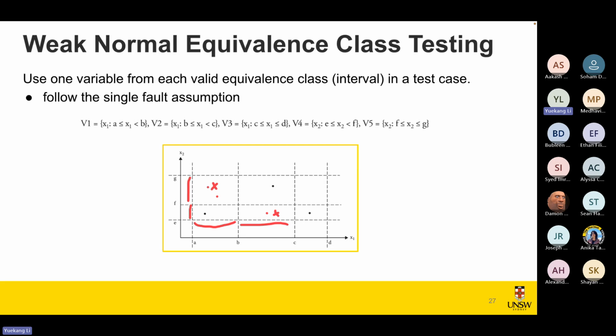Here you can see the input space is partitioned into many subspaces, and we are only covering 3 of them. If you want more redundancy, more robustness, we can improve the technique we are using here. So let's try some other variants of equivalence class testing, or we try other testing techniques.